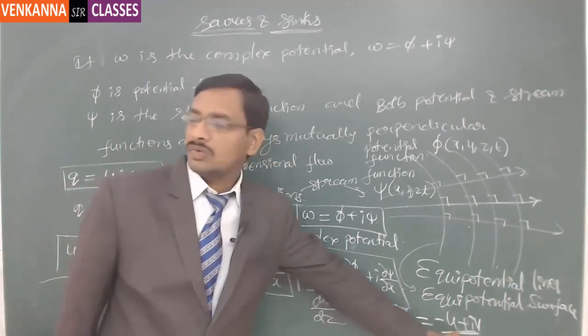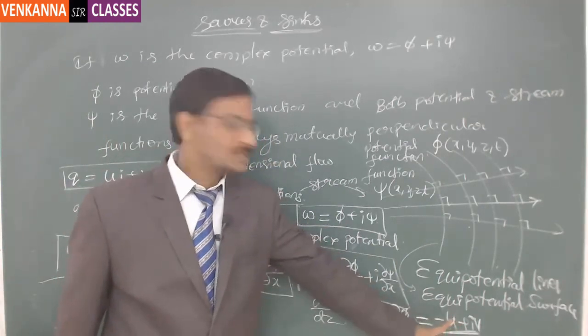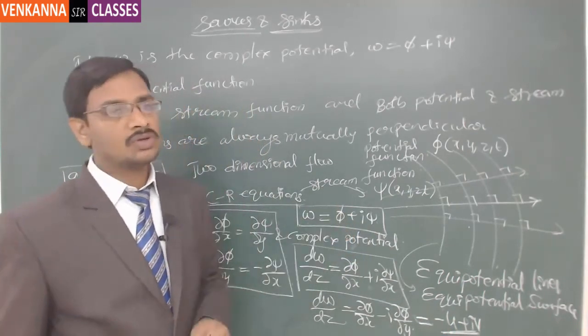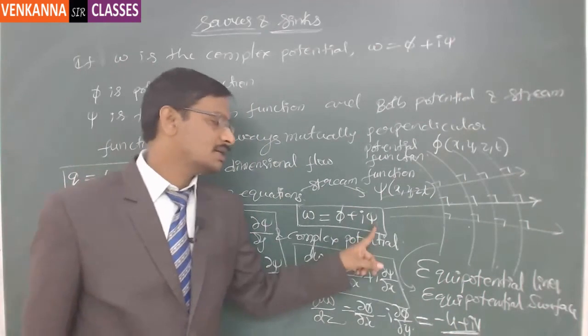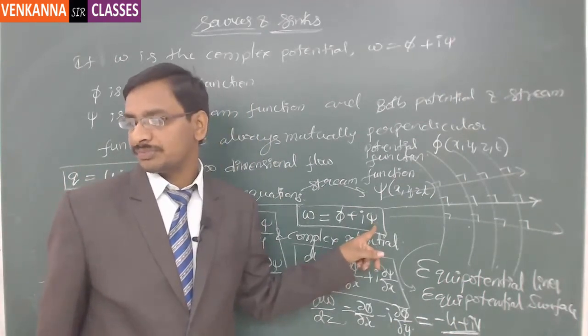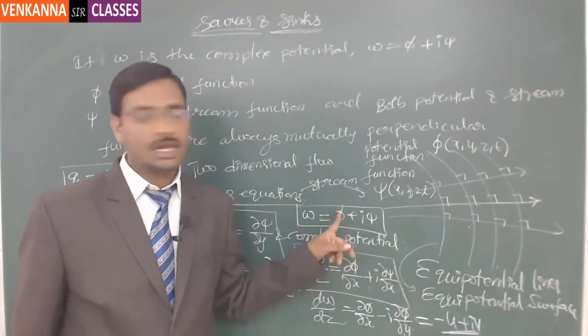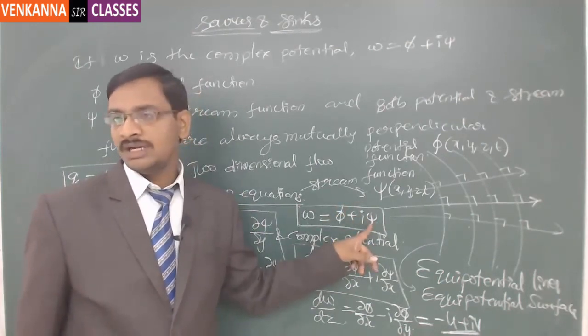This is what you relate to minus u plus iv. In some problems, mostly they will ask us to find the stream function. You may get the potential function, and with the help of the potential function you will be able to identify the stream function.